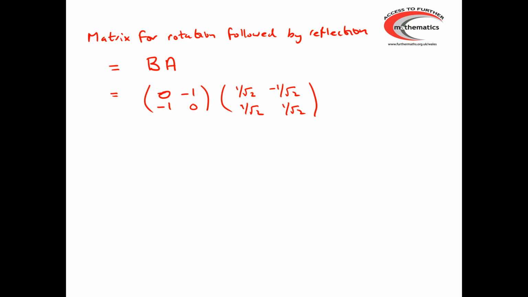So B times A is that matrix product, which may be evaluated to obtain the matrix that we were aiming for. So we have shown that that is the matrix for the transformation T.